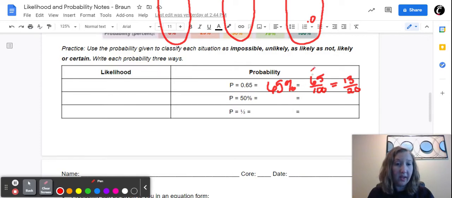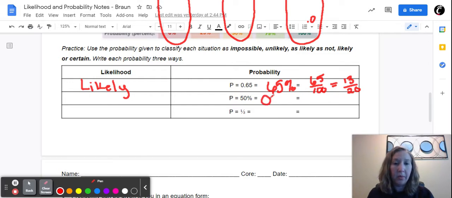Now, since it's 65%, or 65 over 100, that is between 50% and 100%, so that is likely to happen or likely to occur.